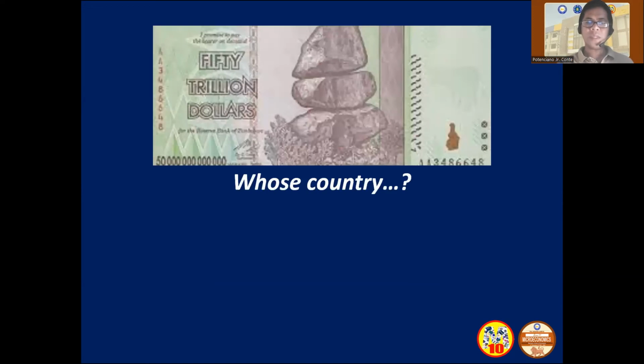Another example is what happened in the country called Zimbabwe, okay, in 2008, 2009, wherein their central bank decided to print or to mint a $50 trillion worth. So the face value is $50 trillion, but the actual value is low. The value of the money is very low.